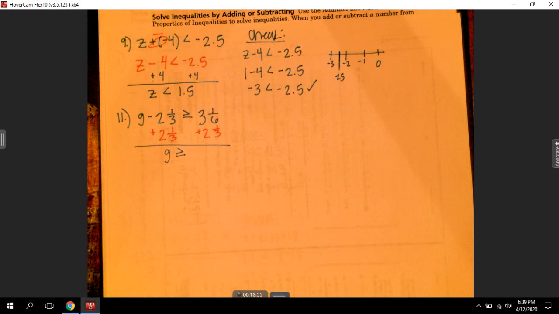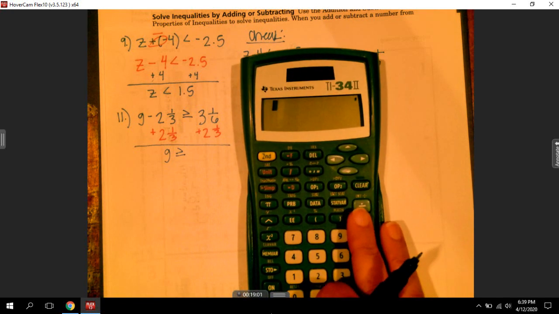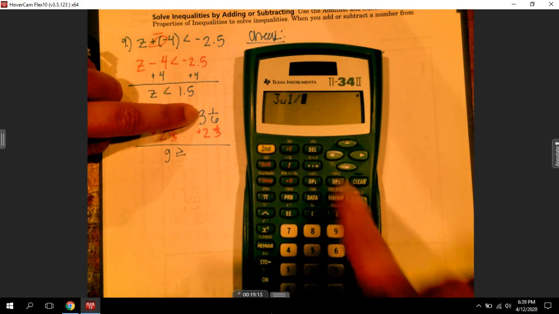And then I'm going to plug this in my calculator. And my calculator is actually the one from when I was in middle school. So this one's a little bit different than yours. And I have to kind of remember how to do it. Let's see. I've got 3 1/6. I think this is right. And then this slash.